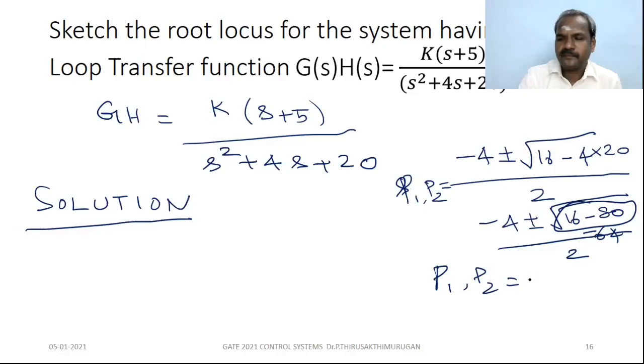So we will be getting minus 2 plus or minus j4. So two poles are there.